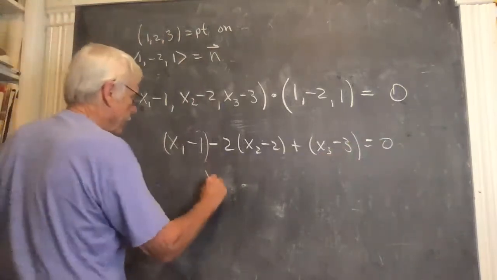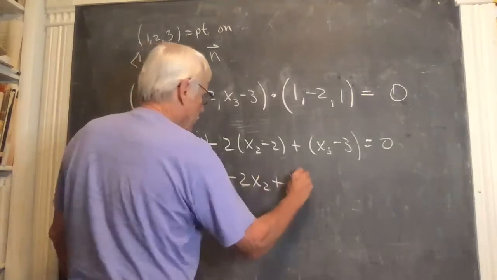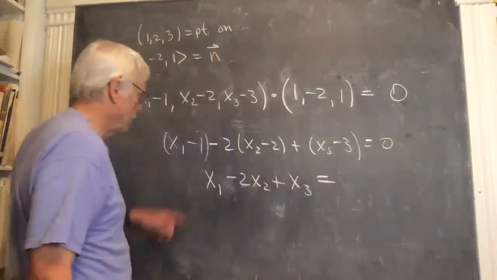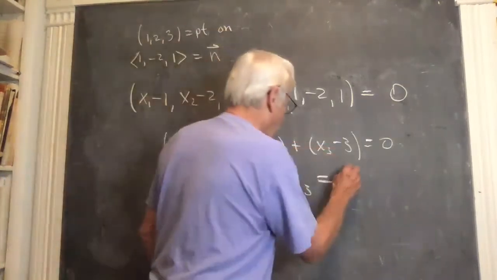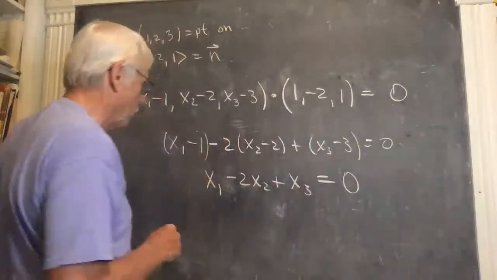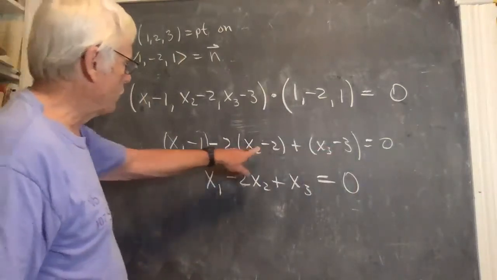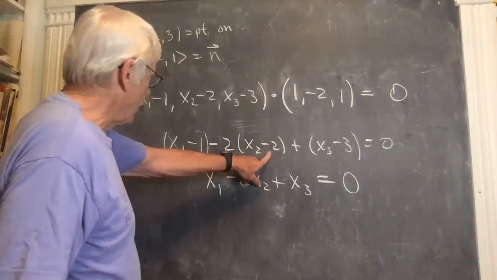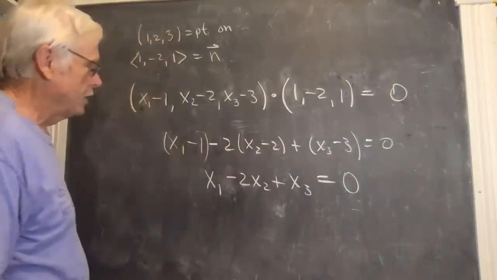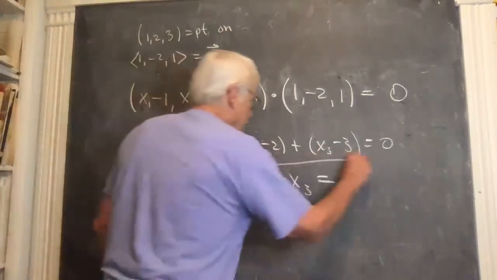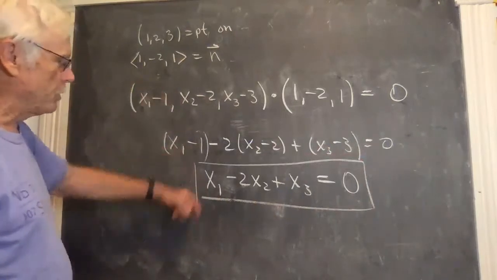Collecting the variables on the left, x1 minus 2x2 plus x3 equals, let's see, minus 1 plus 4 is 3, minus 3 is 0. Wow, did I make it an easy one? Goes to the origin. Minus 1, minus a minus 2 is 4. 4 minus 1 is 3, minus 3 is 0. Yeah, so this looks like the Cartesian equation, not written in vector form, but just written out.